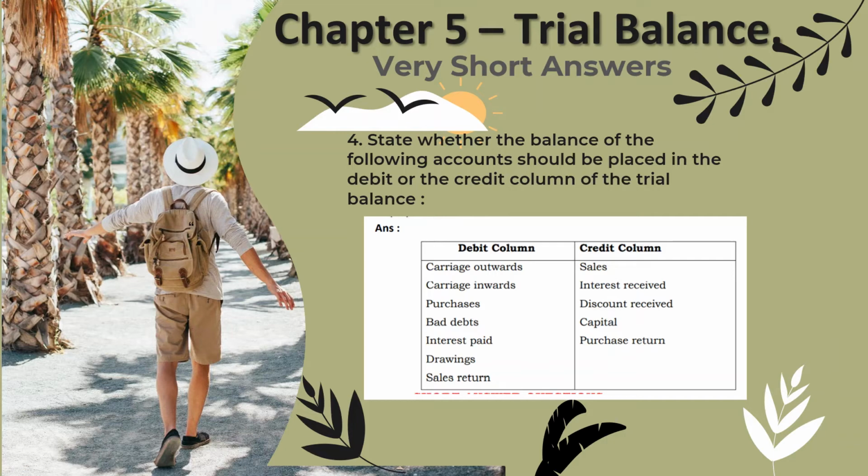Sales return, you can have a clue: if sales has a credit balance, then sales return will be a debit one. Sales return will have a debit balance. In the same way, in the credit column, sales is recorded, interest received, discount received, capital, purchase return. See, purchases has a debit balance, then purchase return will have a credit balance. Like that, you have to follow the rules.